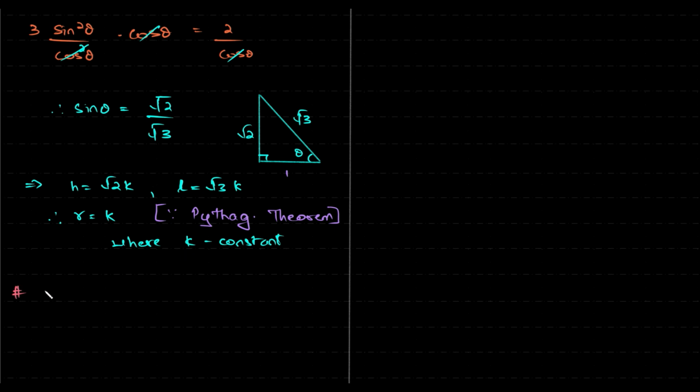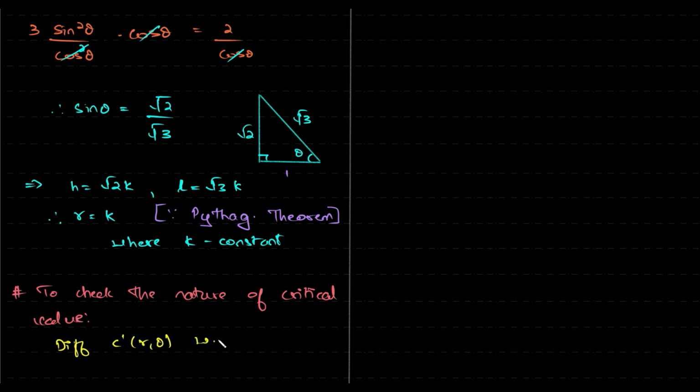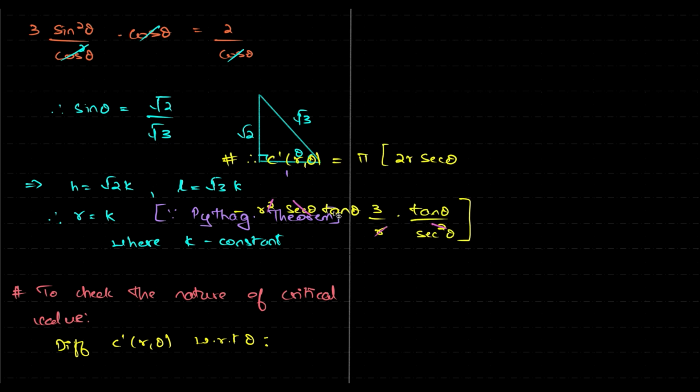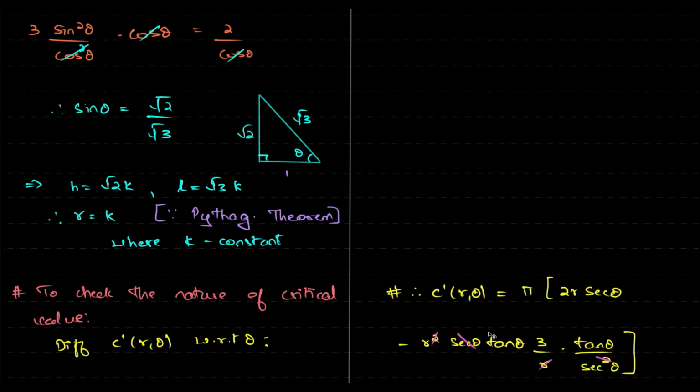Now the last step to do is check the nature of turning point. So for that we need to differentiate with respect to theta again. Okay, so that expression is over here. It's for my convenience.